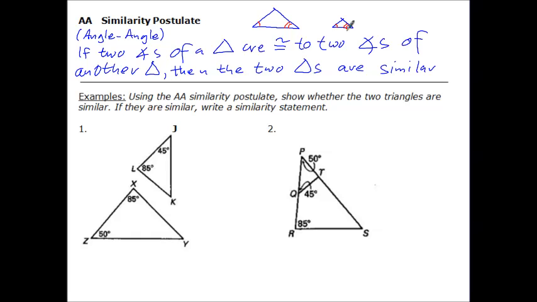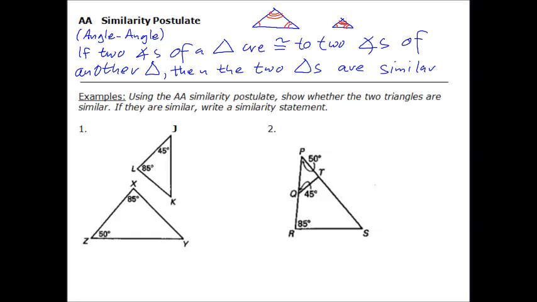Remember, with our third angles theorem, if two triangles have two pairs of angles that are congruent, then the third angle is congruent as well, automatically, and therefore we have three congruent angles, and that means that these two triangles have to be similar. So the angle-angle similarity postulate is a shortcut that helps us figure this out.